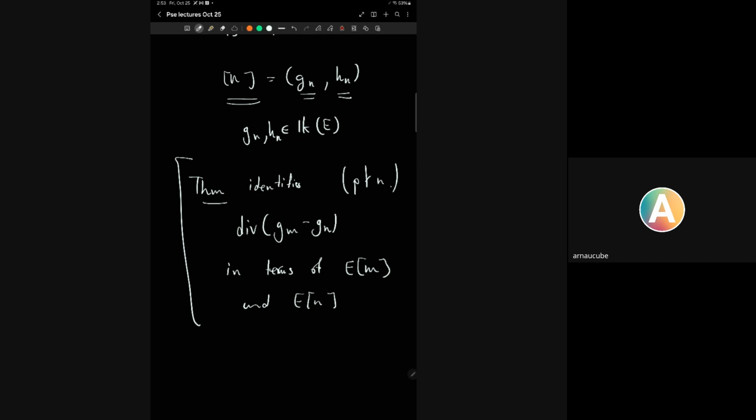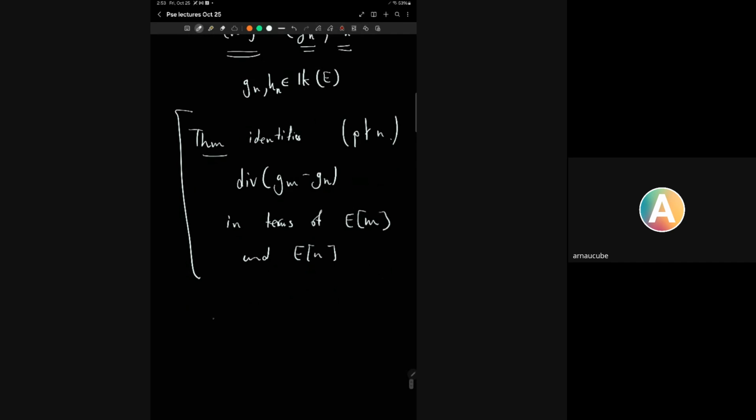Otherwise, we don't know. But using this, we recovered another stepping stone, that the number of points on En is n squared. And then we had an argument using the classification of finite abelian groups that says that En is isomorphic to Zn sum Zn.